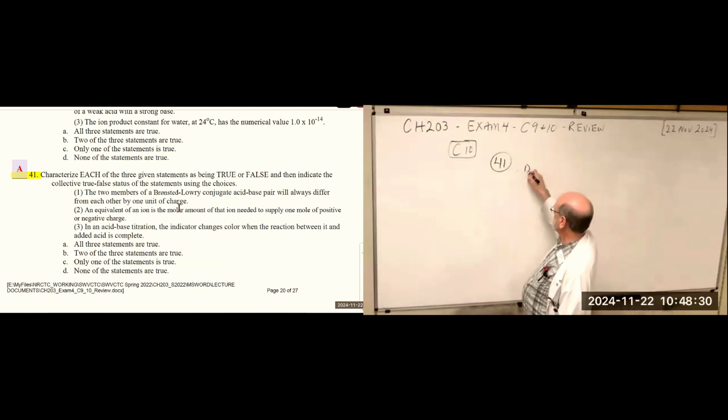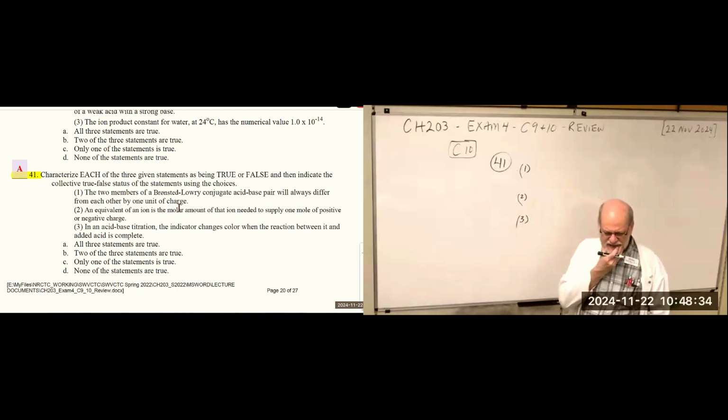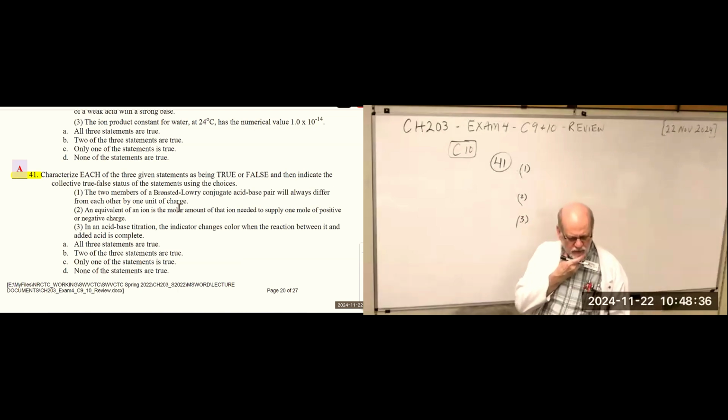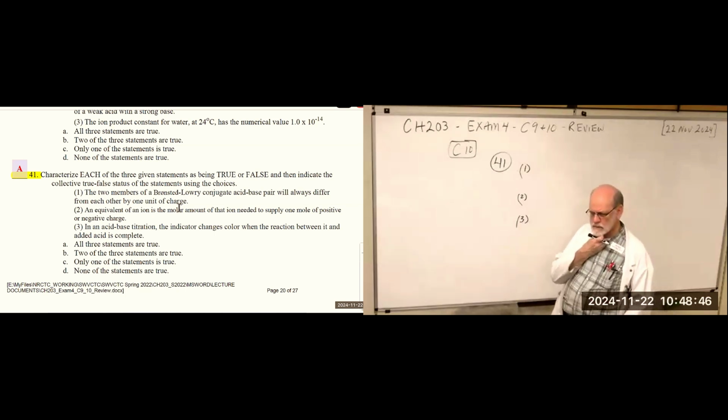Oh, 1, 2, and 3. The 2 members of a Bronsted-Lowry conjugate acid-base pair will always differ from each other by one unit of charge. Yeah, that's true.